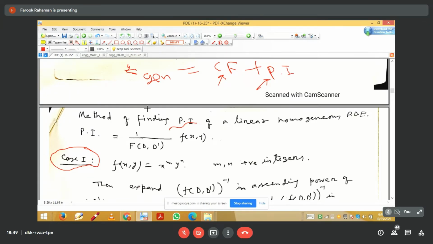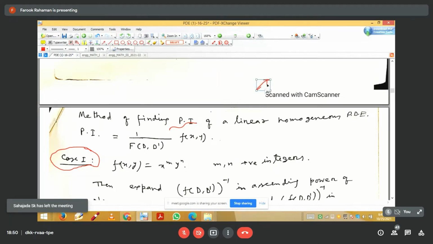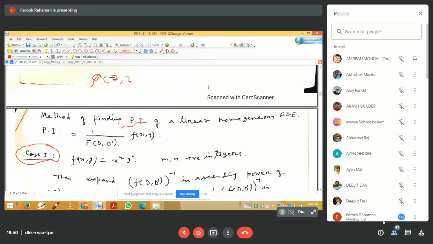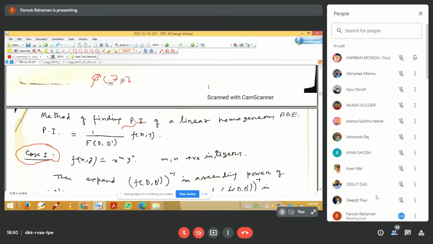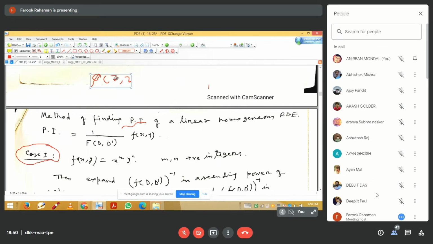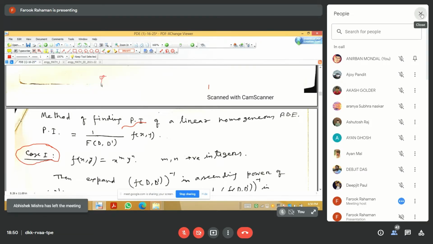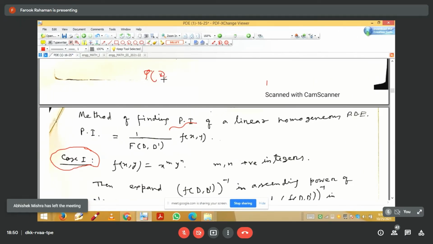Now, the right hand side of the equation is like this. In our equation, the original equation is like this: a function of z, d dash z equal to f(x,y).